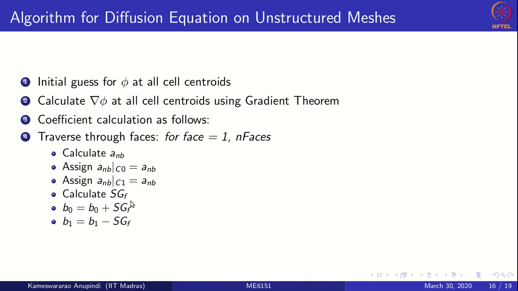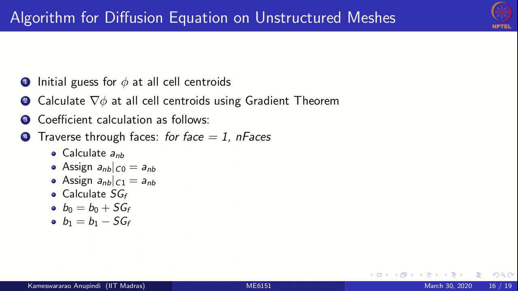Then you calculate the secondary gradient and you add it to the C0 cell, that is B0, and you subtract it from the B1 cell. B1 equals B1 minus secondary gradient of F, B0 equals B0 plus secondary gradient of F. So we do this. This is calculating the coefficients and filling them, right? That is done. Then we are done visiting all the faces.